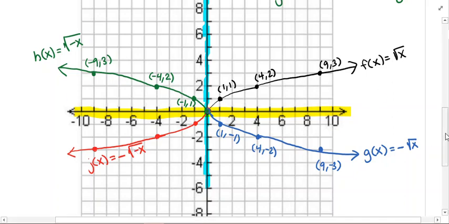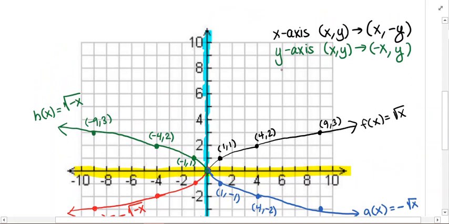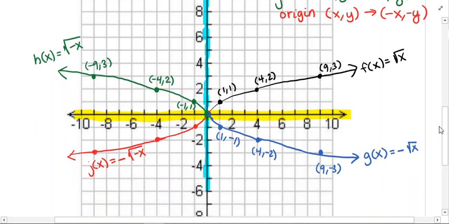The other way you can visualize this if you struggle with it, remember when we learned symmetry, we said if a graph has origin symmetry, if you take a point x, y to start with, then you change the sign of both coordinates. Okay, so if you're comparing the black graph to the red graph, they both go through the origin.